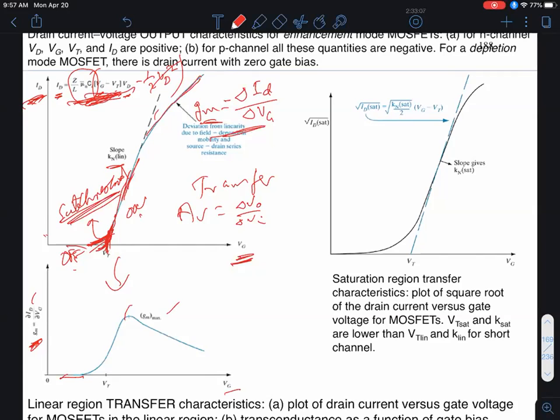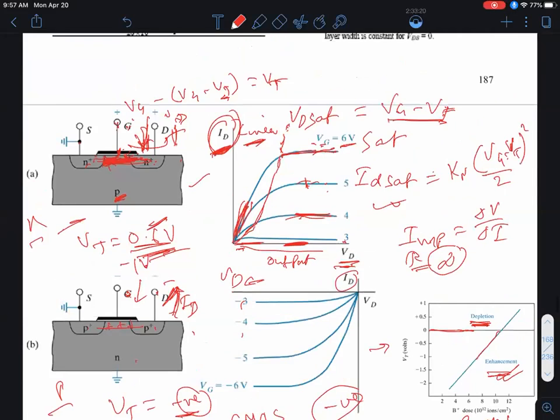Now, the question, of course, is why. The reason it slopes is because this term mu n, this channel mobility term, we'll find decreases with increasing gate voltage. I'll tell you the reasons why in a second, but the basic reason is as the gate voltage increases, the electric field in this direction keeps increasing.